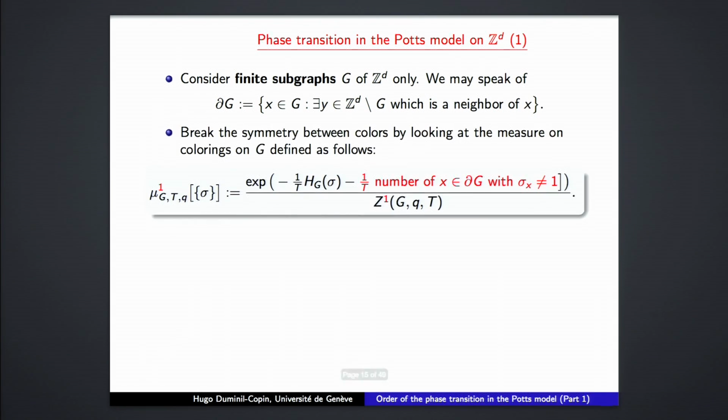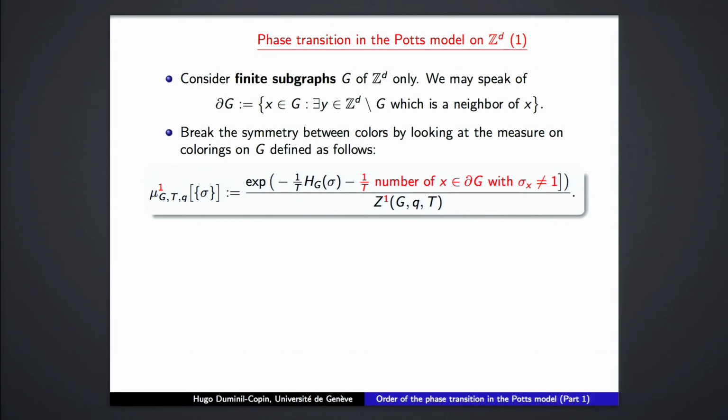And I'm going to define almost the same measure as before, except that in the energy, I'm adding a new term, which is the number of points on the boundary which do not have the color equal to 1. Okay? So I'm adding this thing, which is breaking the symmetry between all the colors.